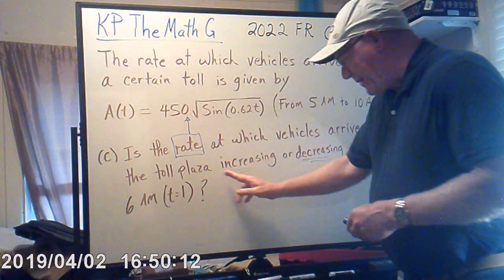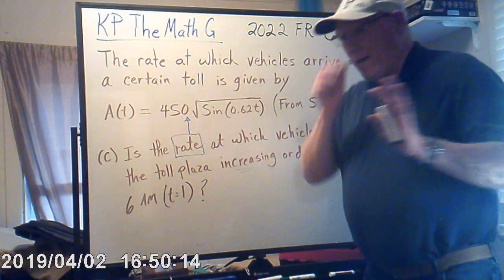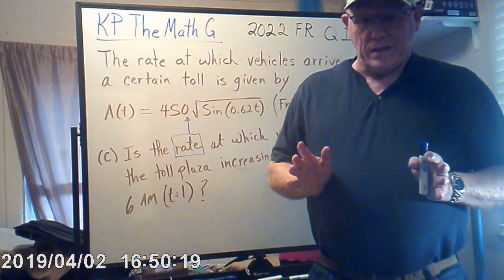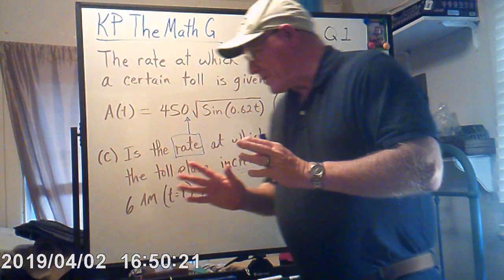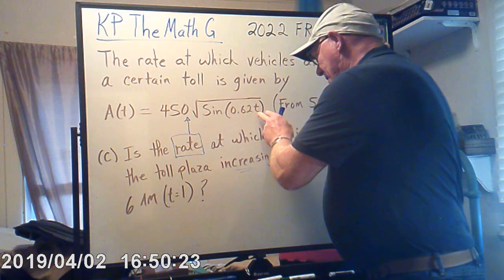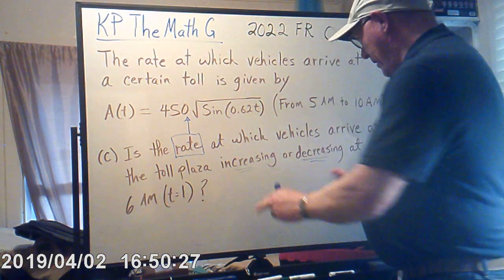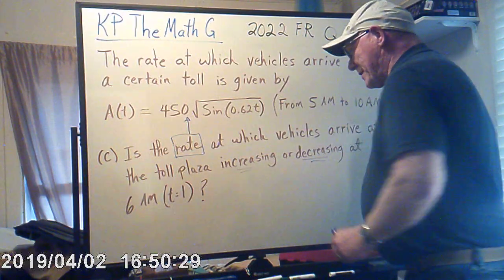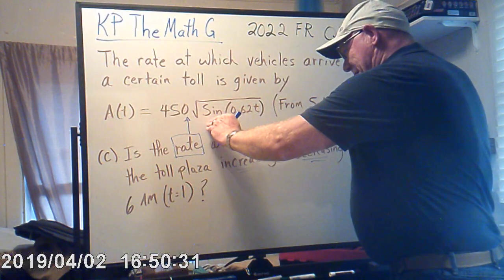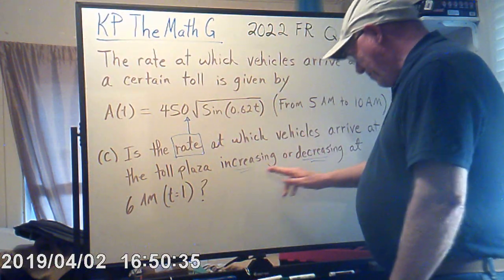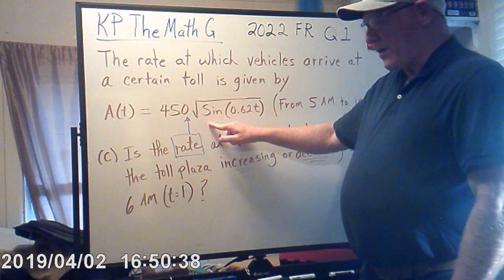I know it can be a tricky problem, so please don't misunderstand and just plug the 1 in right there. When you see increasing or decreasing, you're asking whether this rate is increasing or decreasing. So we're taking a rate of this rate right here.